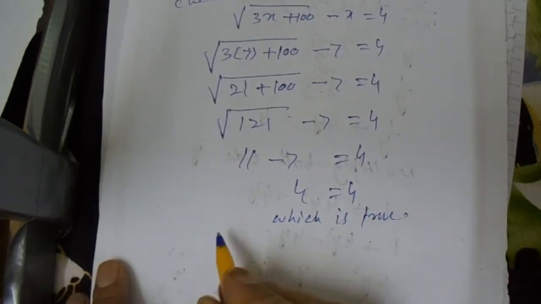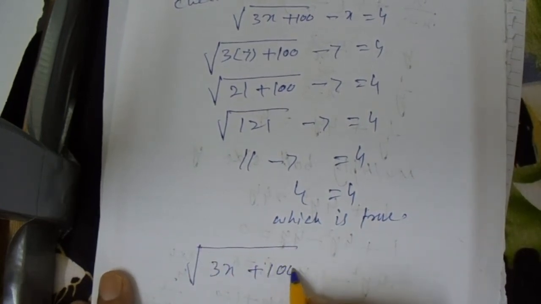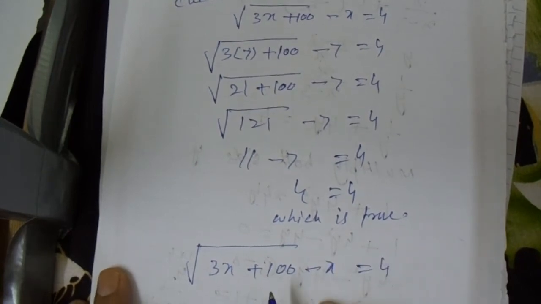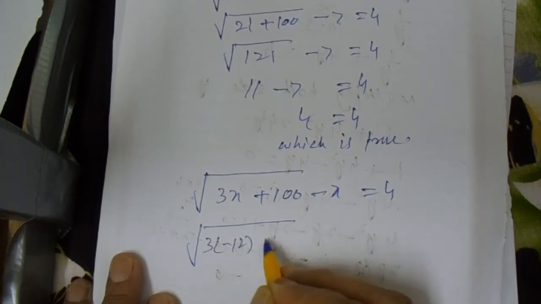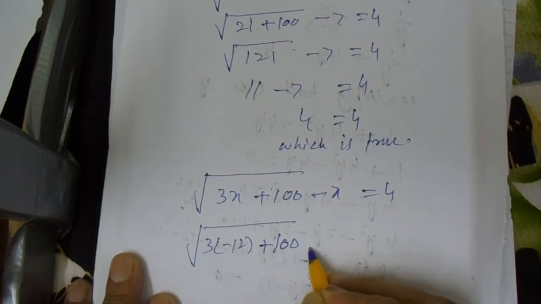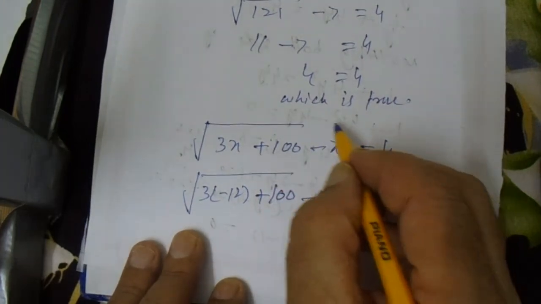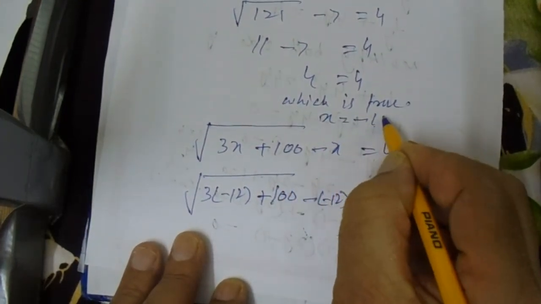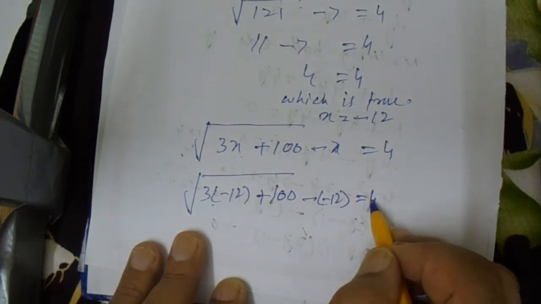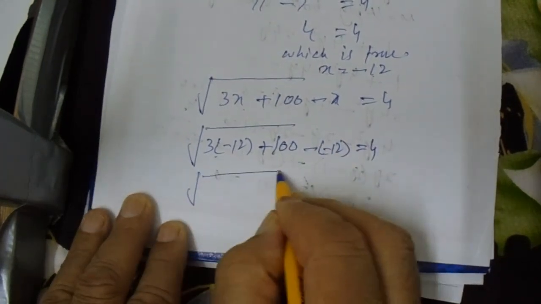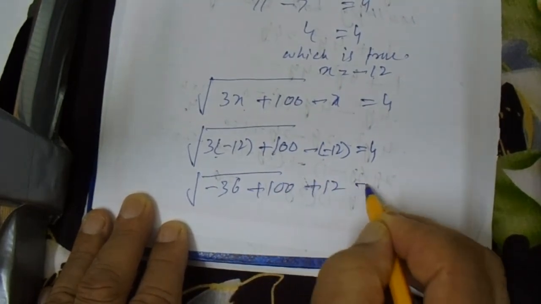Now again we put x is equal to minus 12 in under root 3x plus 100 minus x is equal to 4. Now we write this: under root 3 multiplied by minus 12 plus 100, minus minus 12, is equal to 4. So now I write this: minus 36 plus 100 plus 12 is equal to 4.